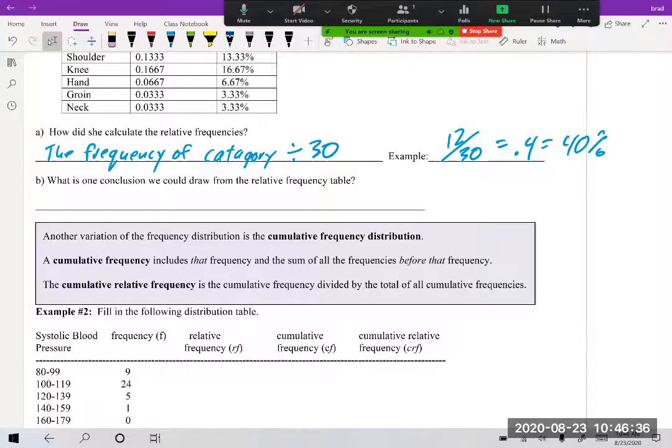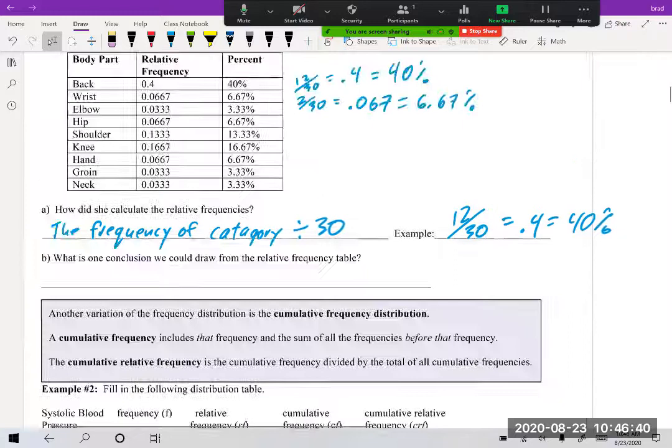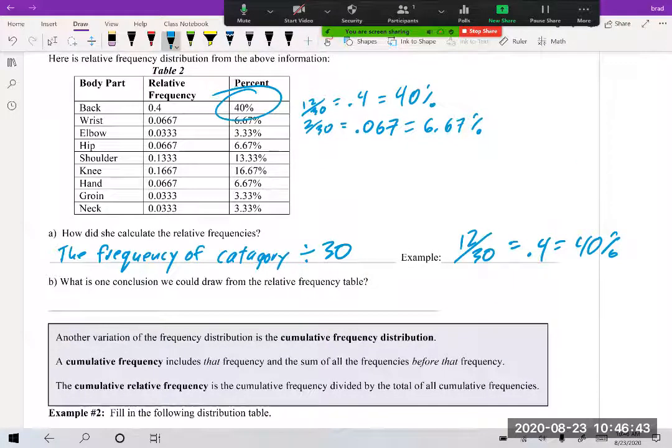What is one conclusion we could draw from the relative frequency table? Well, it looks like 40% of the people that see her in her study have back pain. So now again, she'd have to go on to do a hypothesis test, and there's a bunch of other stuff we could do statistically. But just based on this data, it seems like around 40% of her patients experience back pain.